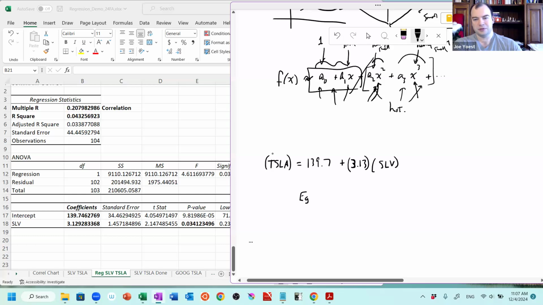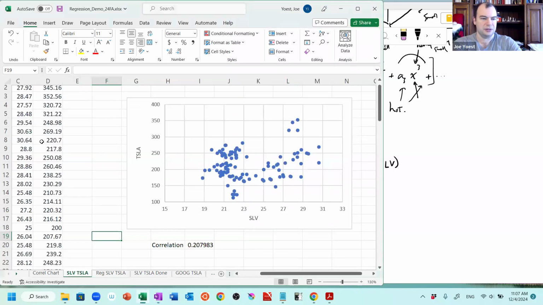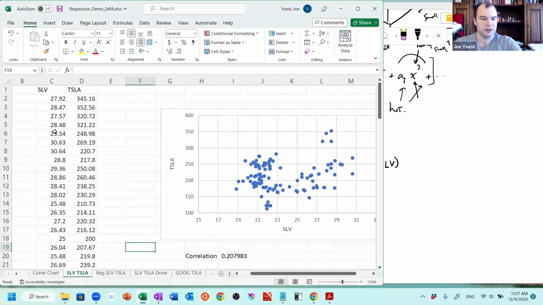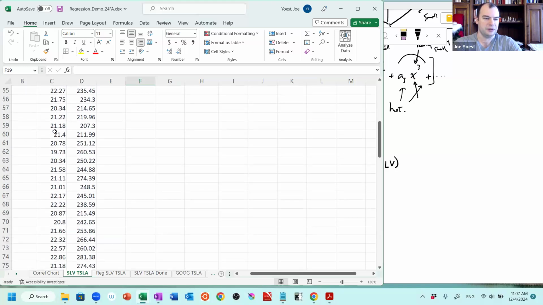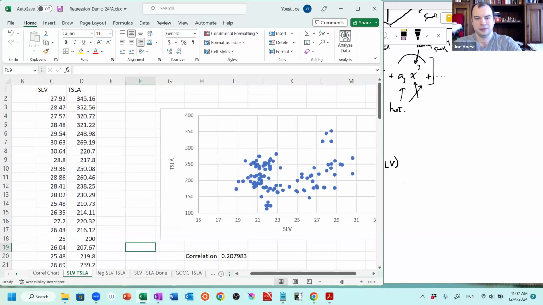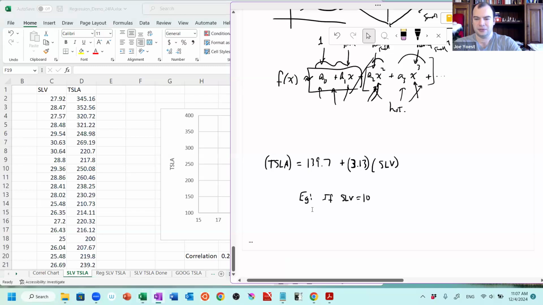So for example, if the iShares silver price, what were their numbers? I think it was like in the hundreds, right? Or no, okay, it looks like it just goes by roughly silver spot price per ounce.